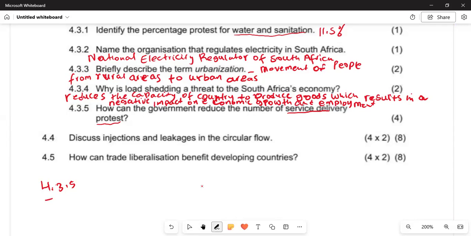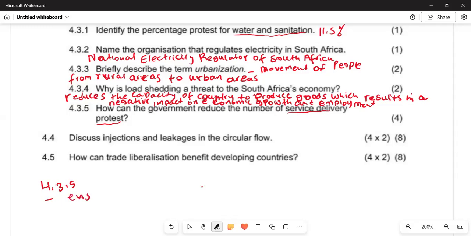Now we are going to talk about how the government can reduce the service delivery protests. So the government can ensure that they hire more skilled and qualified employees.